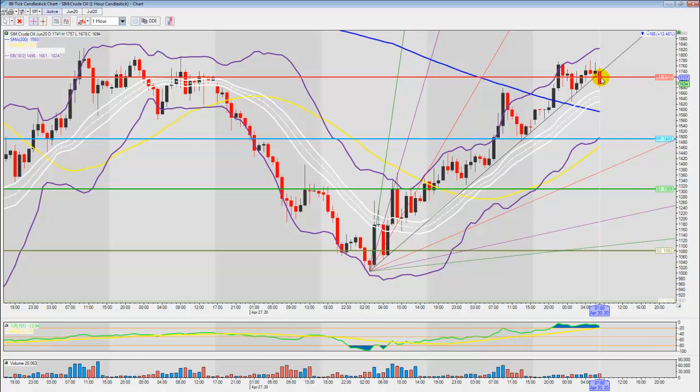Honestly, that's the first time it broke the 45-degree angles right there on the hourly chart as we're looking at it right now. Interesting. Keep that in the back of our head. Might be a short play today.